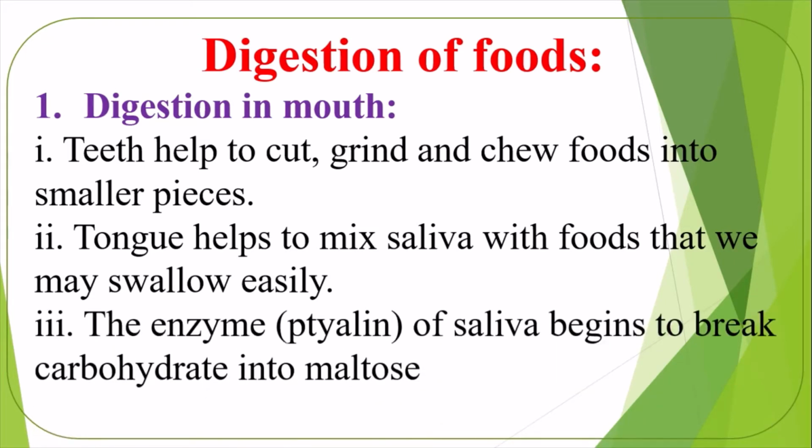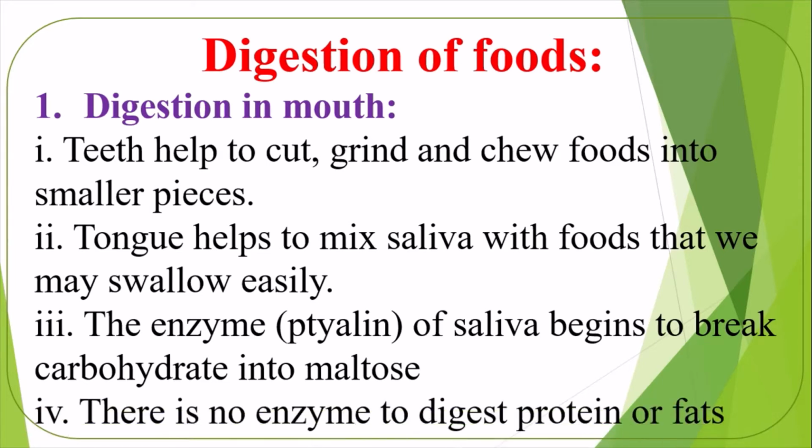The enzyme of saliva, named ptyalin, helps to break carbohydrate and converts it into maltose. There is no enzyme to digest protein or fat. Just mechanical digestion of protein and fats is completed in our mouth.